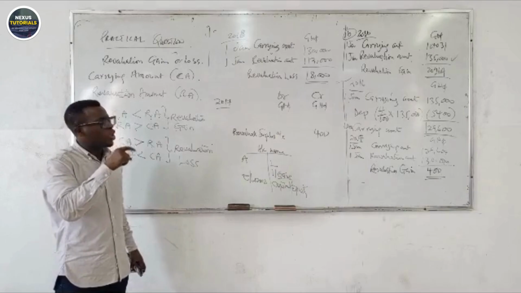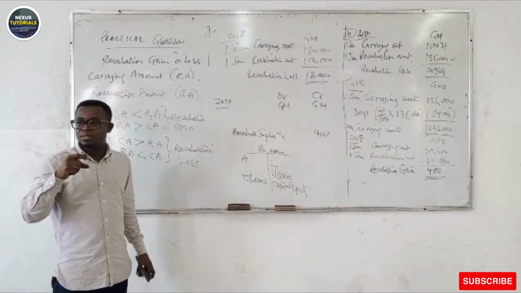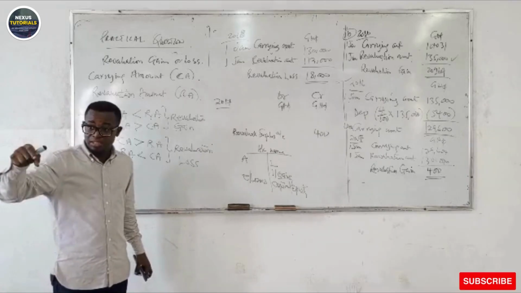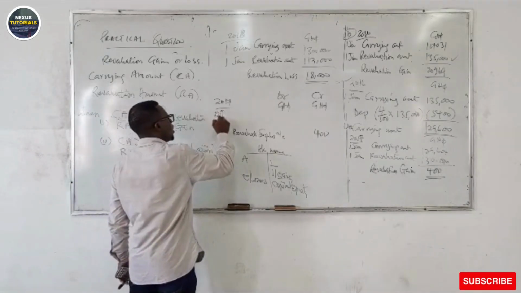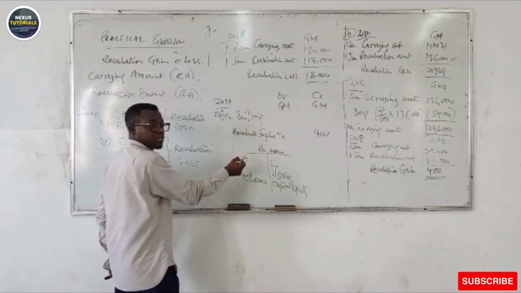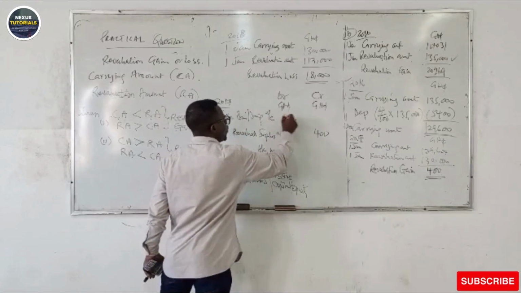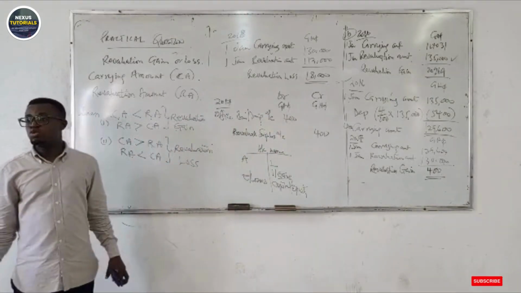Then, which asset is the other account? What's the name of the real account? Office building. So office building account. How much is it? 400. This is a double edged tool.